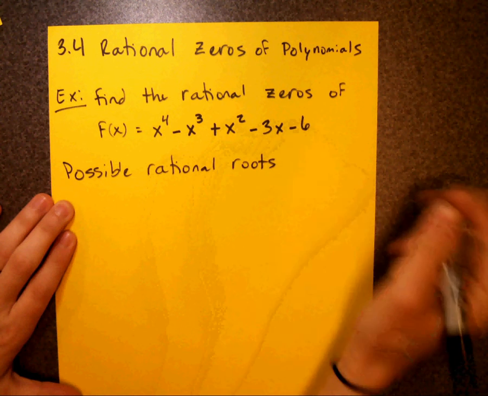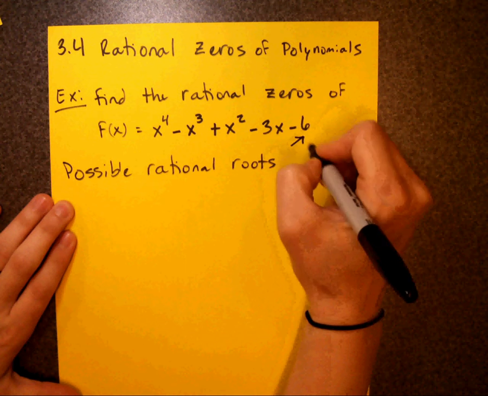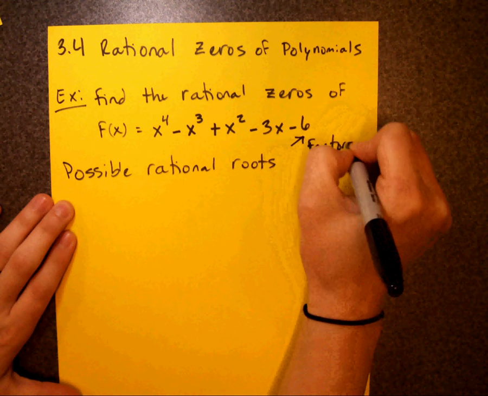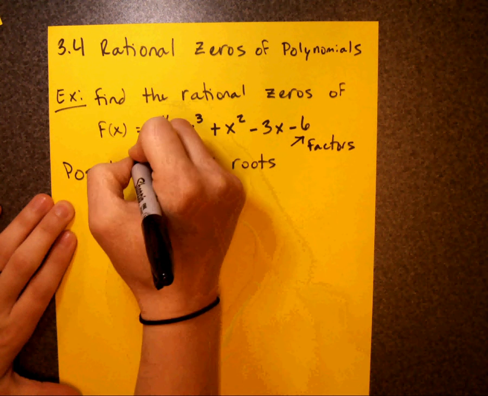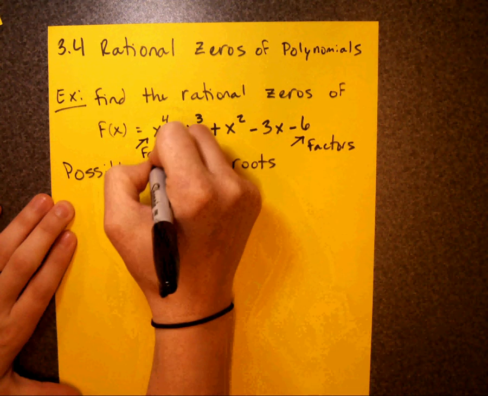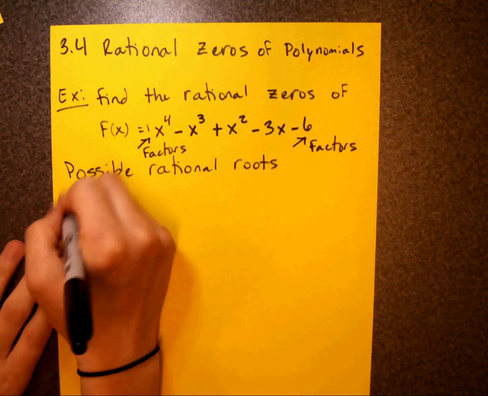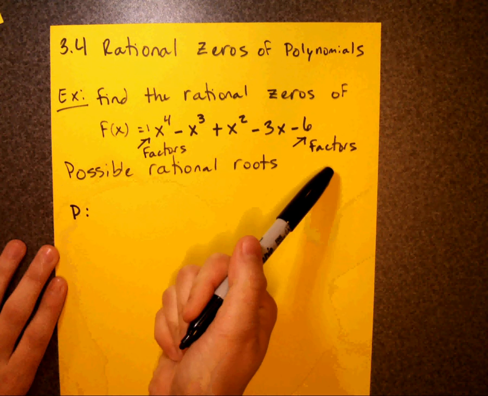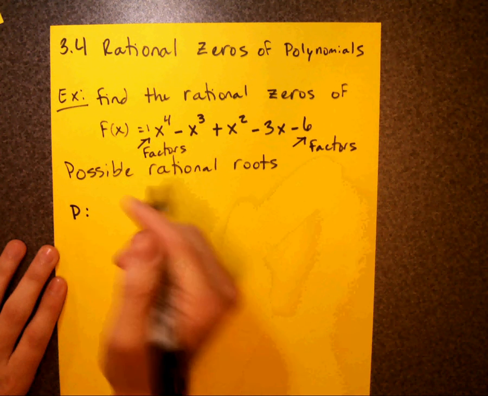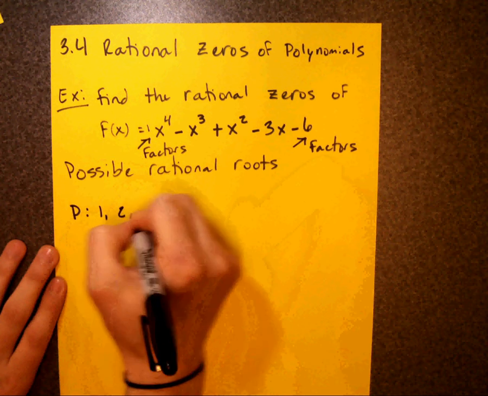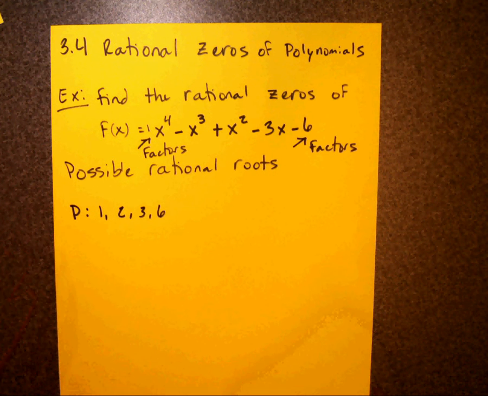remember that we're going to take the factors of the constant and divide them by the factors of my leading coefficient, which in this case is 1. So P, the factors of my constant, are 1, 2, 3, and 6. Those are all the factors of 6.